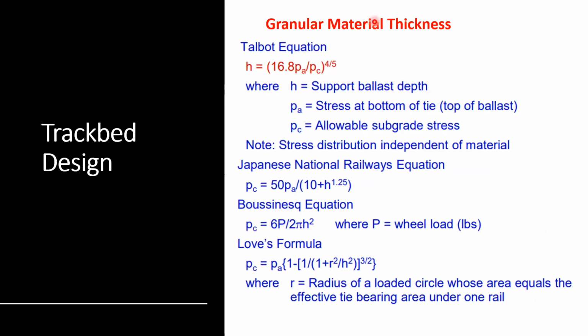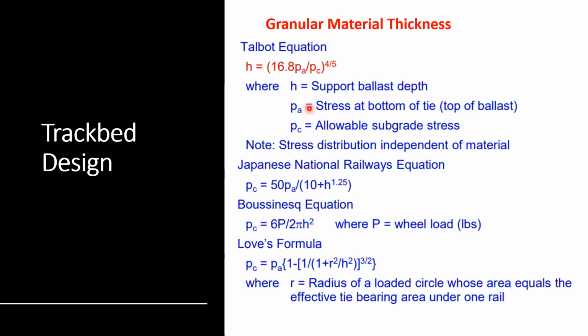The granular material thickness. Again, plenty of equations. Interestingly enough, the famous Boussinesq equation actually provides a not so bad formula to get the granular thickness, and most times the numbers you're getting from it are quite close to other approaches.